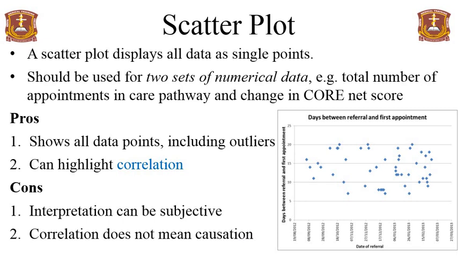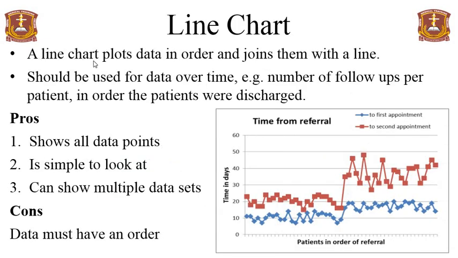Okay. Now a line chart plots data in order and joins them with a line. Okay, so these are good when you are trying to relate a pattern of data over time. So as time changes, you have your values. Then you end up with a very wonderful plot here, which can take various sets depending on what your survey entails.